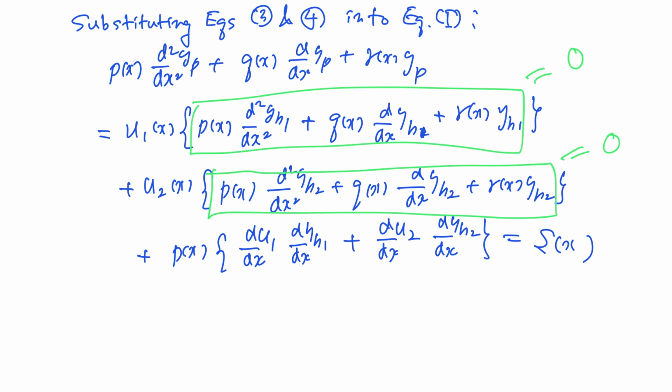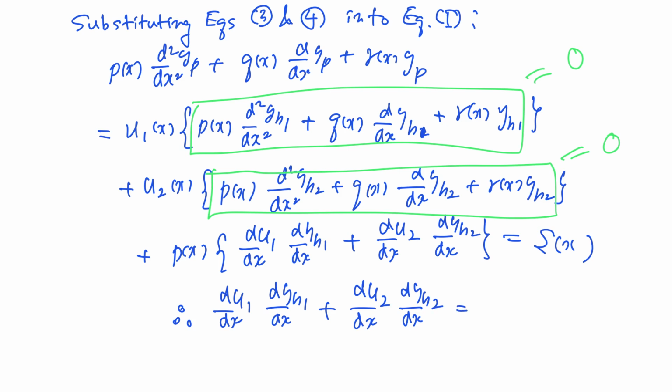Then we have the following term. Therefore, du1/dx dy_h1/dx plus du2/dx dy_h2/dx is equal to s(x) divided by p(x).